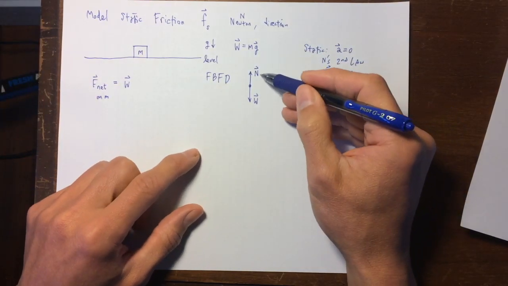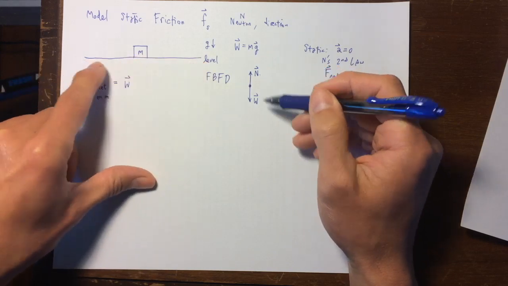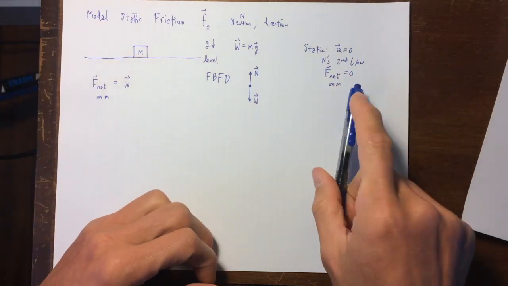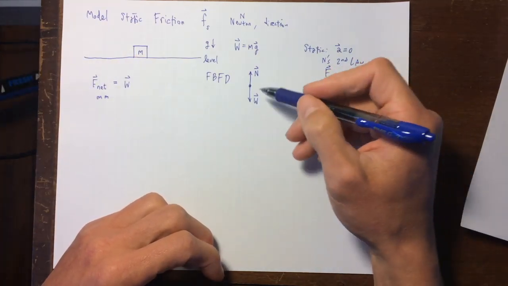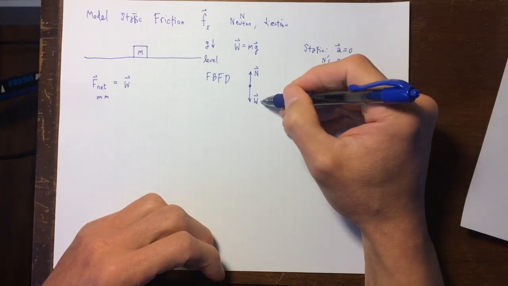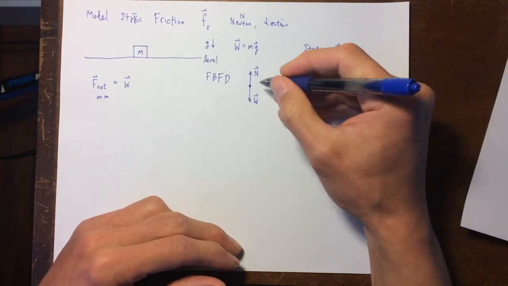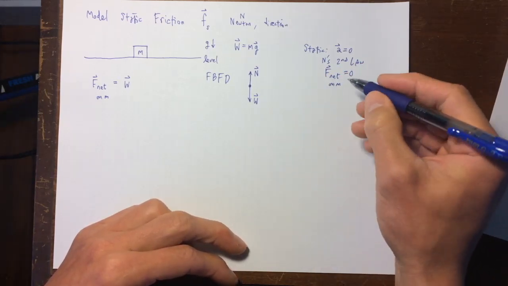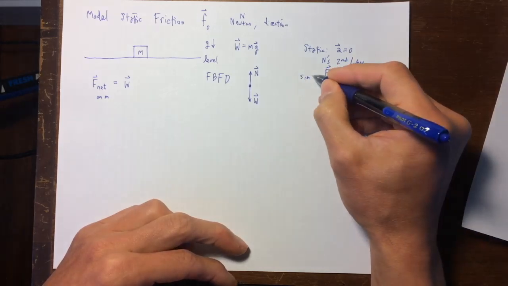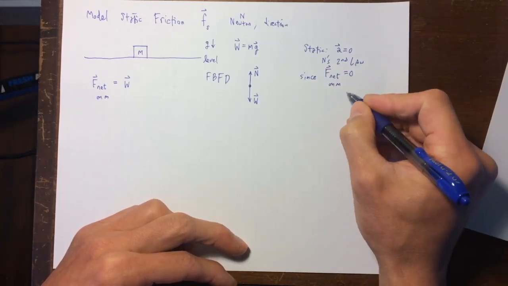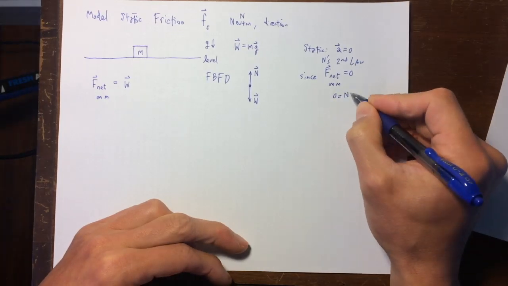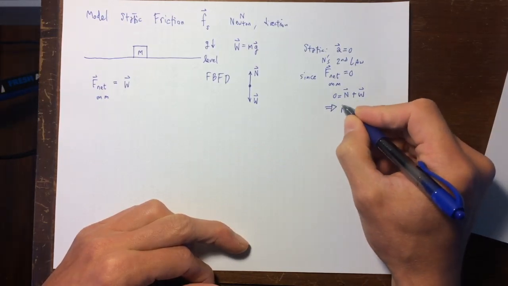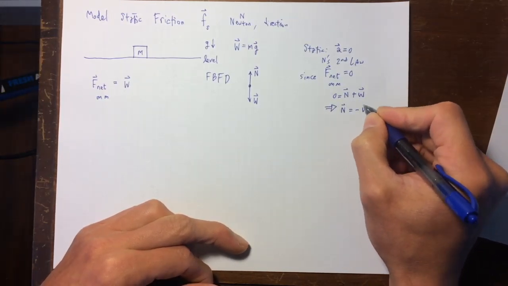So this is the normal force acting on M by the ground, and this is the weight force acting on M by the earth due to gravity. But anyways, there it is. This normal force is equal to the opposite of the weight force, and that's how the net force can be equal to 0. Since F net equals 0, 0 equals N plus W, and this implies that the normal force is the opposite of the weight force.